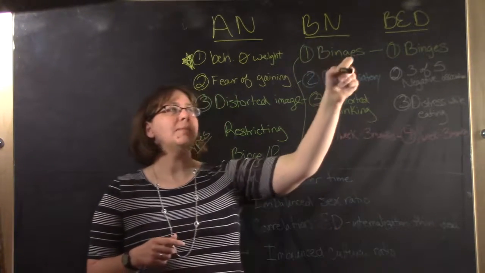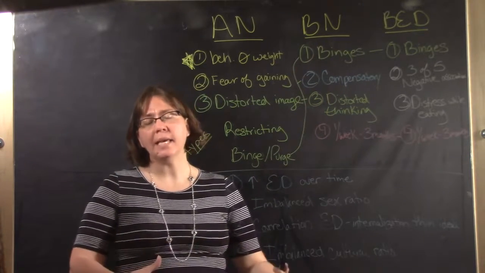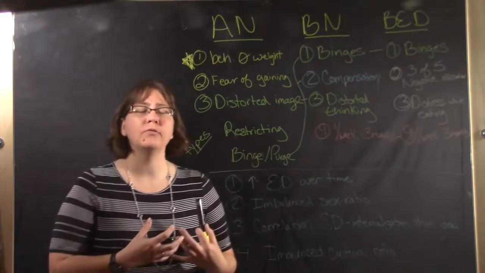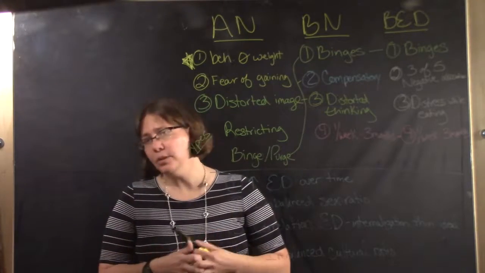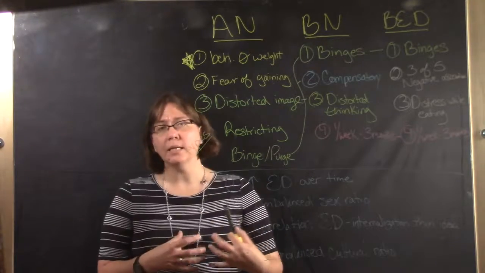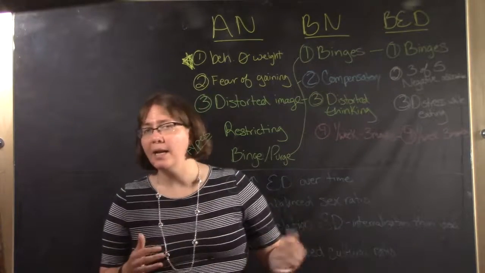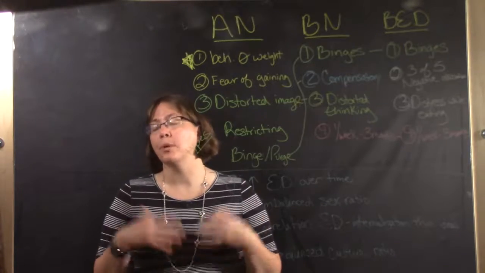Over here for bulimia, we have recurring binges. Binges are essentially taking in typically large amounts of high caloric food in a short amount of time. This is going to look different for each person. Eating an entire pizza might seem like a binge for one person, where it could just be a regular old Friday night for somebody else, maybe an athlete who burns a lot of calories.